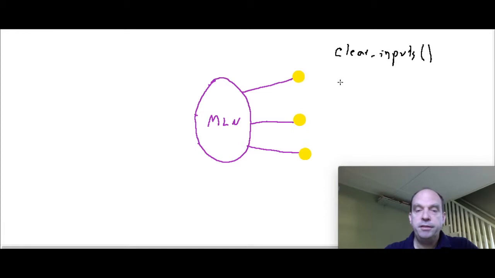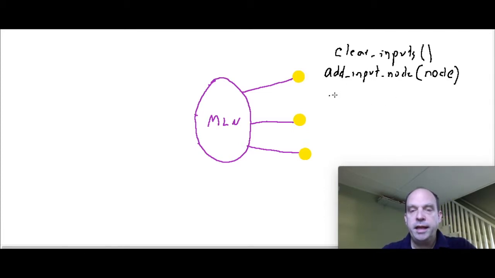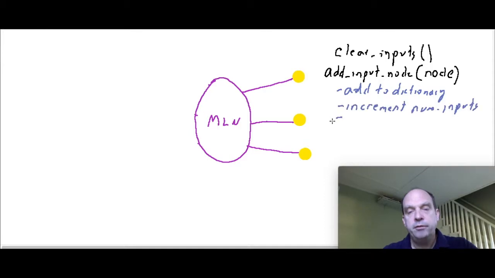A second method that our multi-link neurode will have is add input node. Add input node will take a single parameter node, of course in addition to the parameter self, which I didn't indicate here. Add input node will add a node to the dictionary, increment num inputs, and recalculate reporting inputs full.